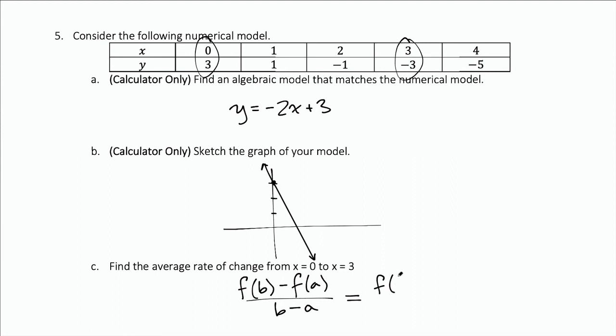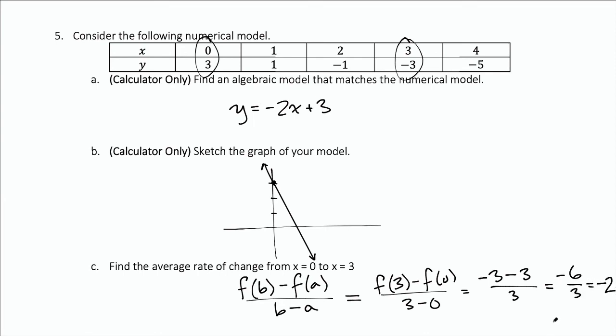So we're looking at f of 3 minus f of 0 over 3 minus 0. F of 3 is -3 minus f of 0, which is 3, and then of course 3 minus 0 is 3. Well, this is -6 over 3, which is -2.